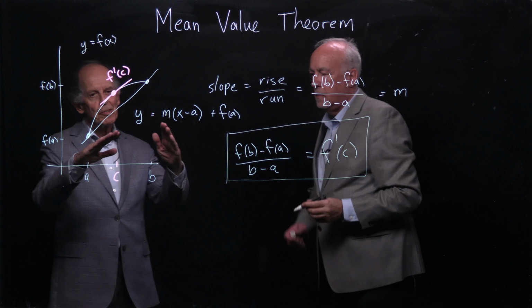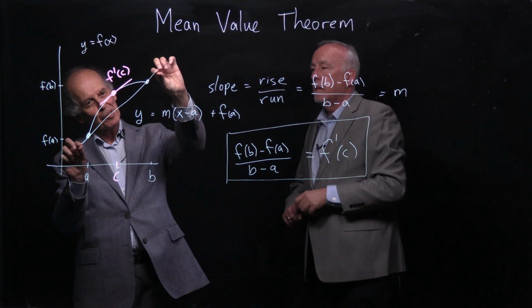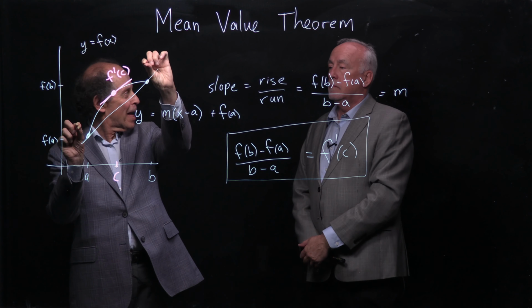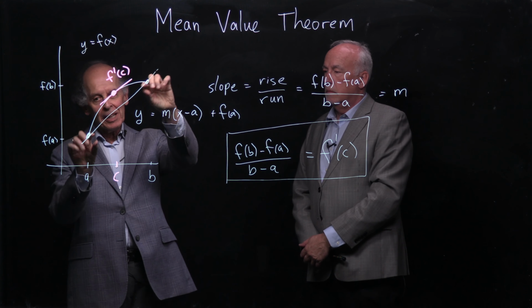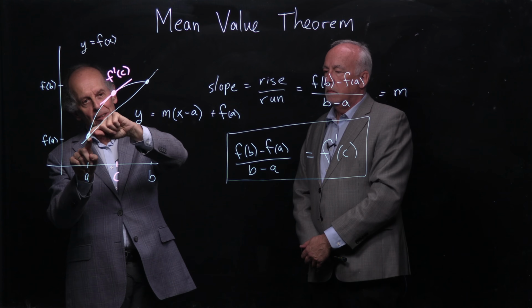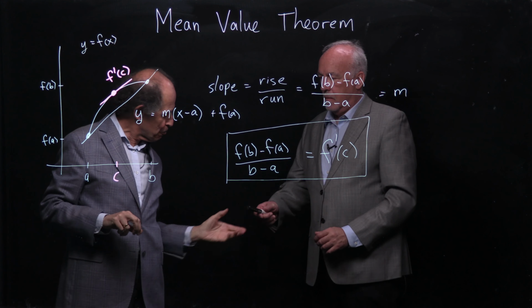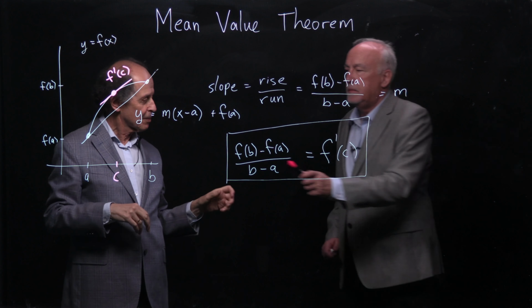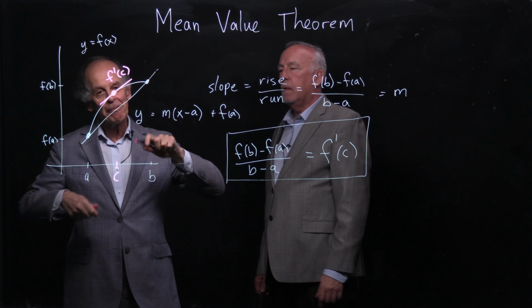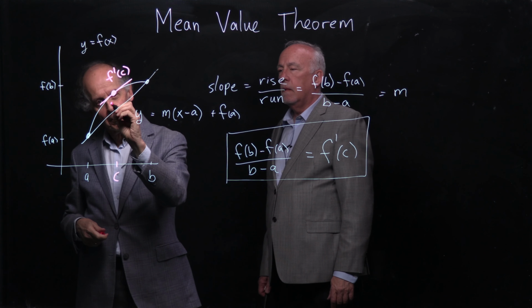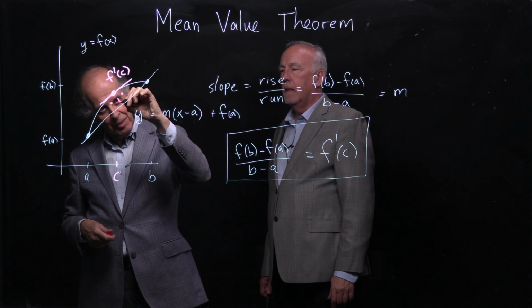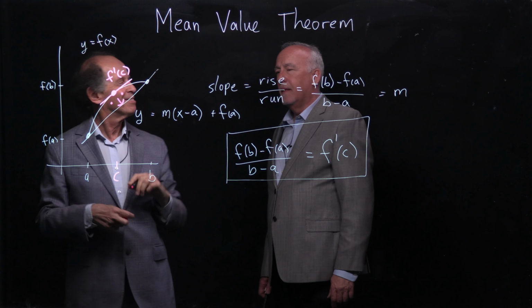Now, Michael, you said we take this and we move it up like that. So what we'd like to do is look at this. Do you have pink? Pink. So we have this little face here that I'm going to draw. Okay.